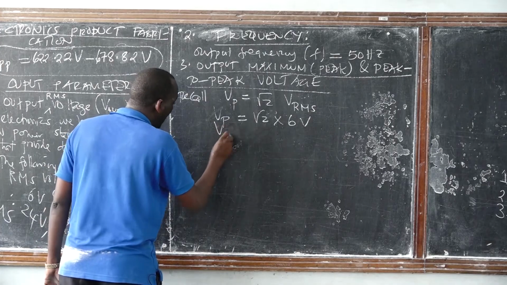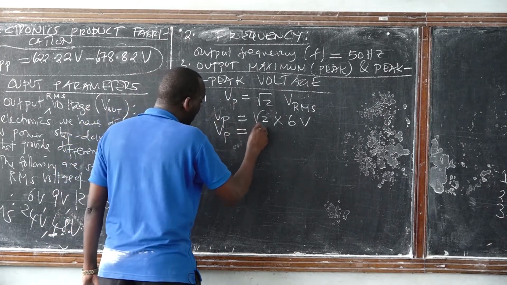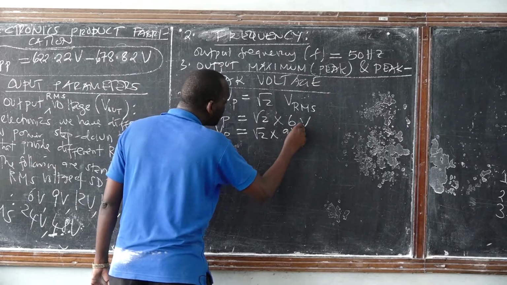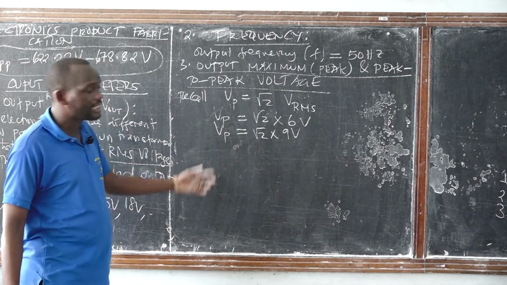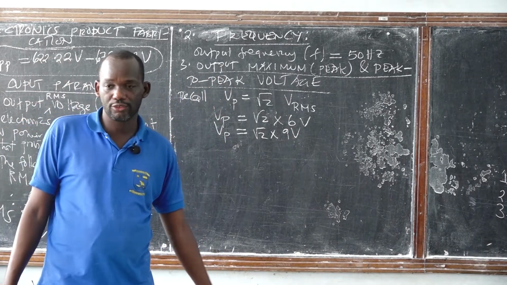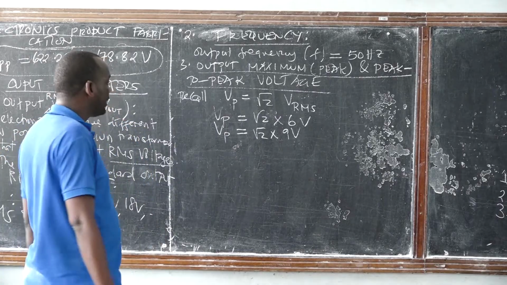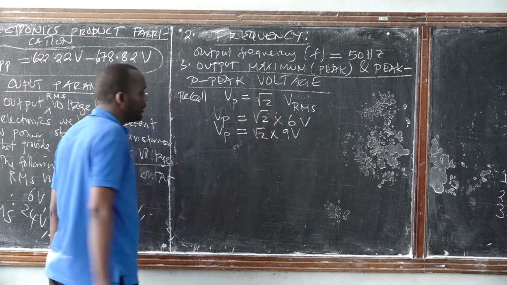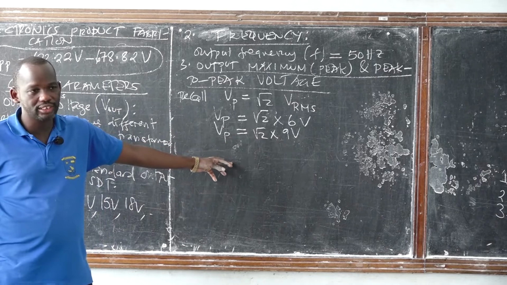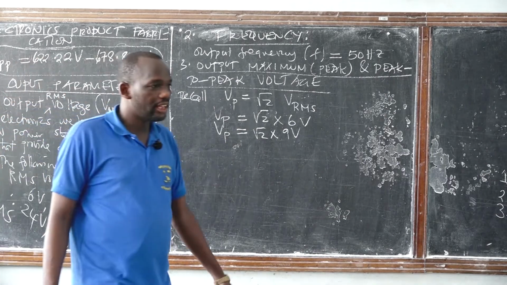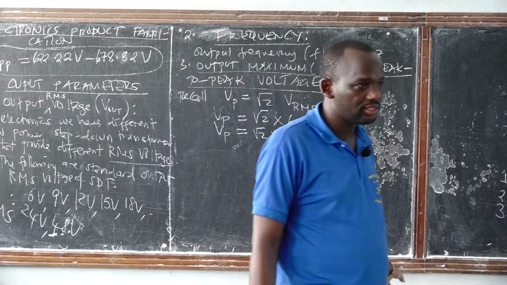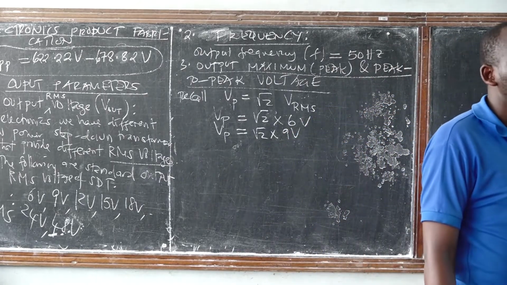Then, if you have a step-down transformer providing 9 volts, to get the maximum voltage you just plug into the formula. What do you get here if you calculate this one?